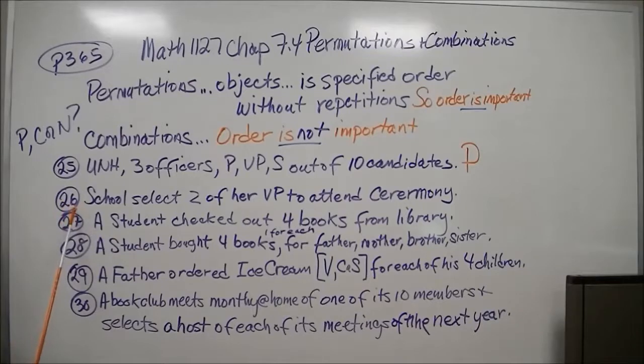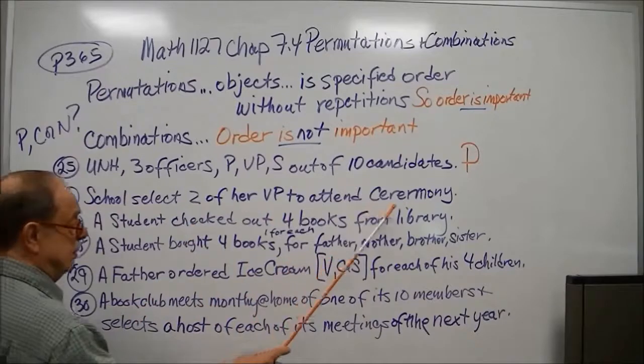All right, in number 26, a school, whatever it is, a university, is to select 2 of her vice presidents. At a university they often have many vice presidents, 5 or 6 or more, to attend a ceremony.